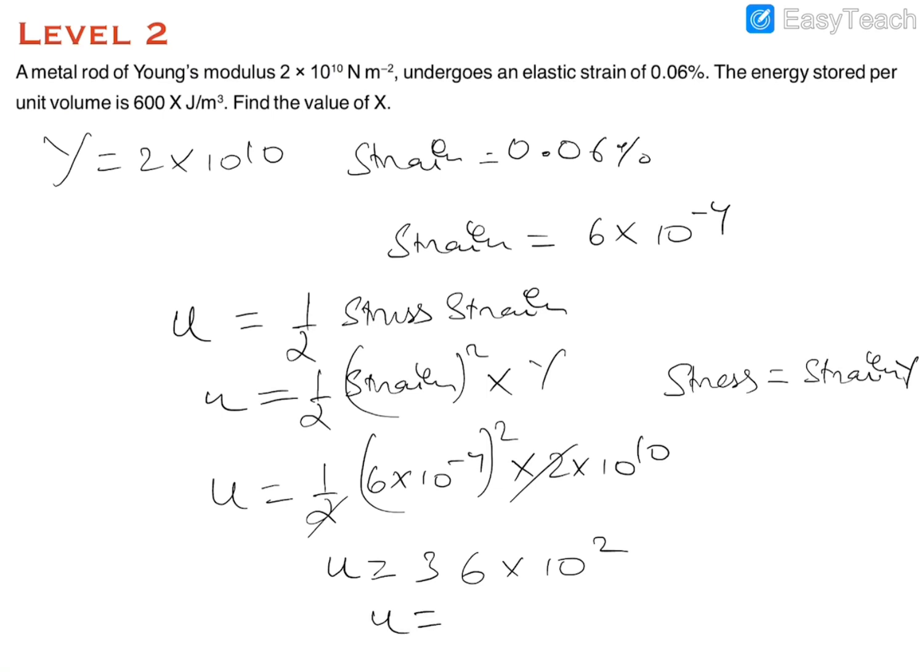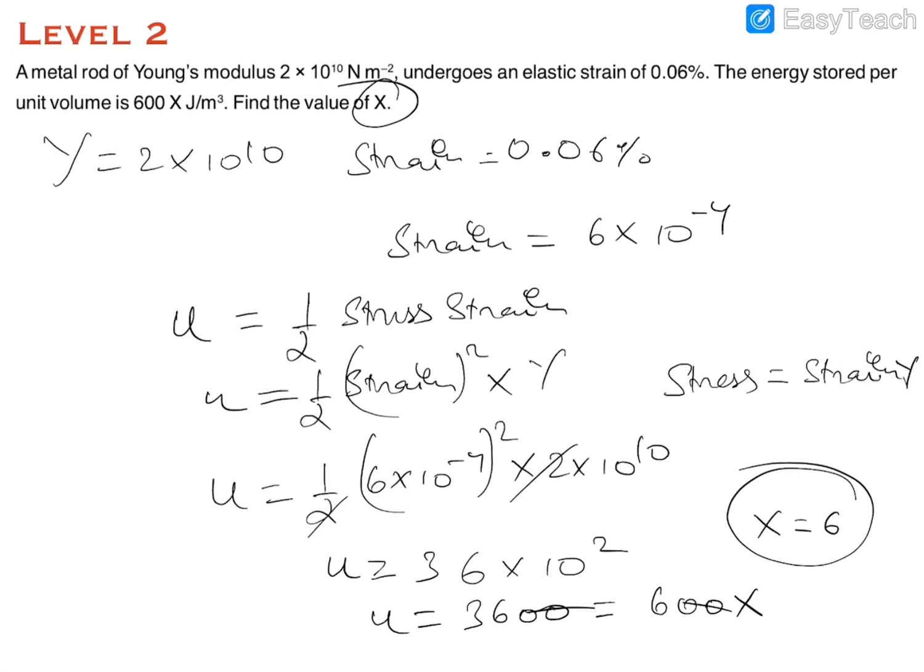So U is equal to 3600. So if we compare it with 600x joule per meter cube, we can see that x is equal to 6. So the correct value of x is 6.